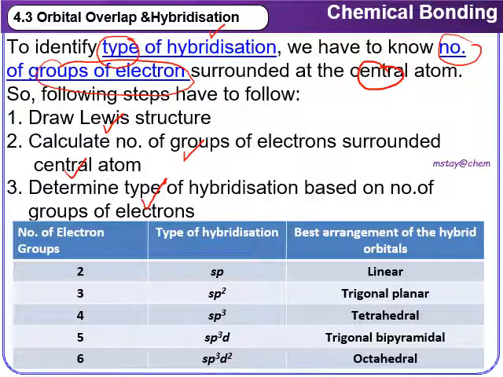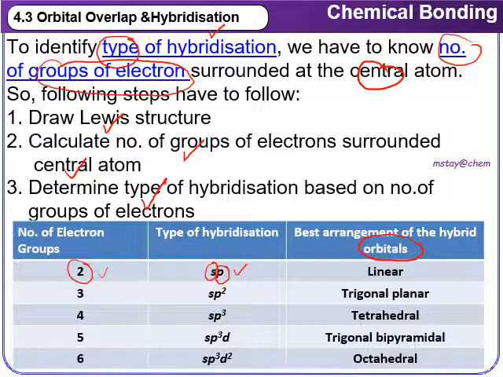You may have 2 electron domains. If you only have 2 electron domains, then the type of hybridization is sp, meaning you are going to involve one s orbital and one p orbital. The orbitals will contain electrons, and according to VSEPR theory, electrons will arrange themselves as far apart as possible.